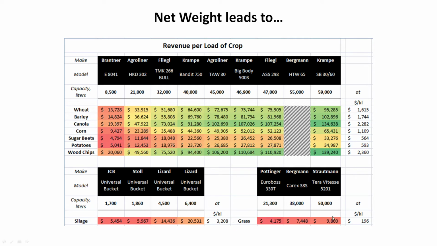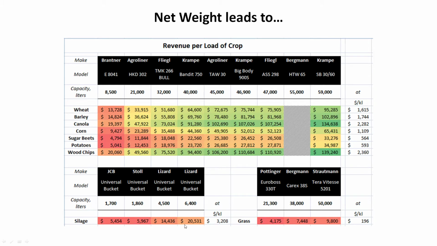Now, yes, I know prices do fluctuate, but generally the prices stay in approximately the same range, give or take. And we can see that, yes, for the most amount of money, you're going to take the cramp and sell wood chips. You're going to make $139,000 per load. Now you kind of expect this because this is the biggest tipper. It holds the highest capacity in liters, and it also has the highest price. This seems to make sense.